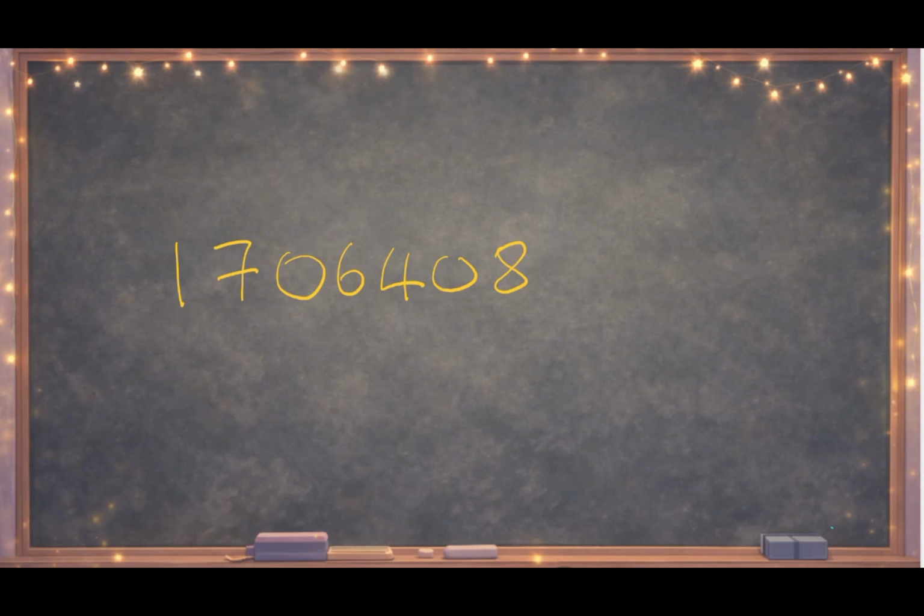This time I did not place the commas. I would like you to have a look at it and place the comma and try to read it. Please pause the video to do it. Are you ready? Remember we place the comma after 3 place values each time. So we have 1, 2, 3. So we place the comma here, and 1, 2, 3, and we place the comma here.